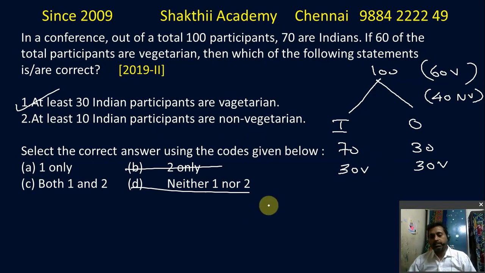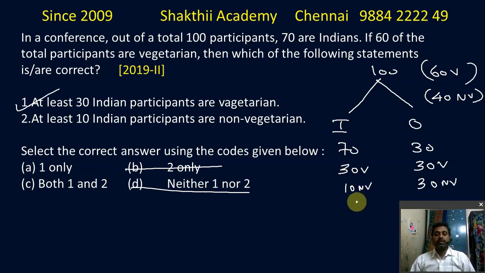You know very well, suppose if I consider all the people from other country are non-vegetarian, that means maximum I can consider 30 people, because 30 from other countries available. So 30 are non-vegetarian. Maximum possibility for non-vegetarian is 40 only. That means the remaining 10 from the Indian side. So minimum 10 Indians are non-vegetarian.